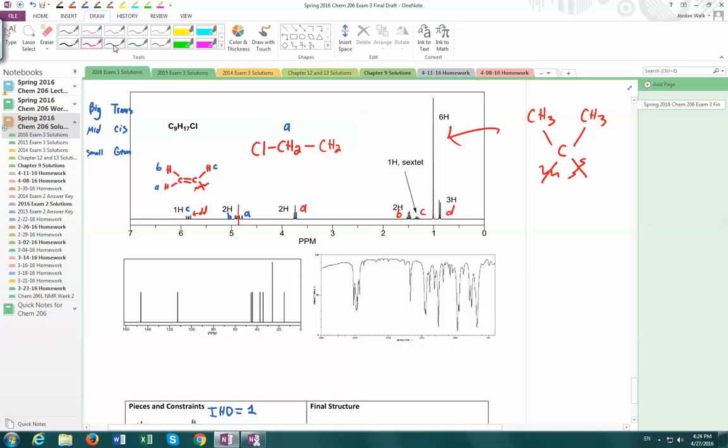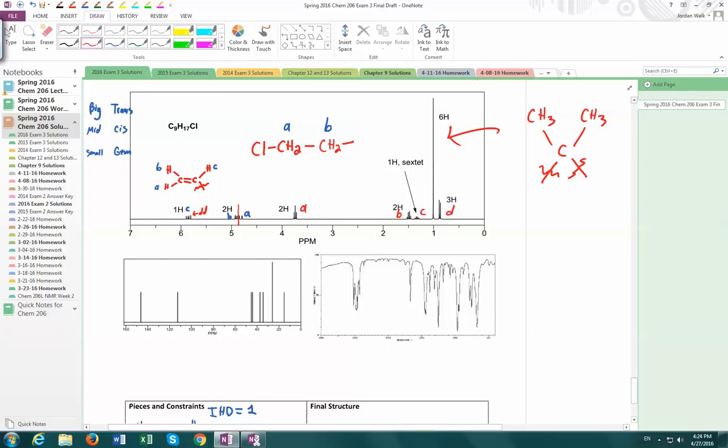All right, and then so what signal must that be? Well, could it have another neighbor on the other side? So there's only one of these peaks that integrates to 2, right? And so the only thing this could possibly be is B, because we only have one signal integrated to 2. And that actually gives us a little more information.